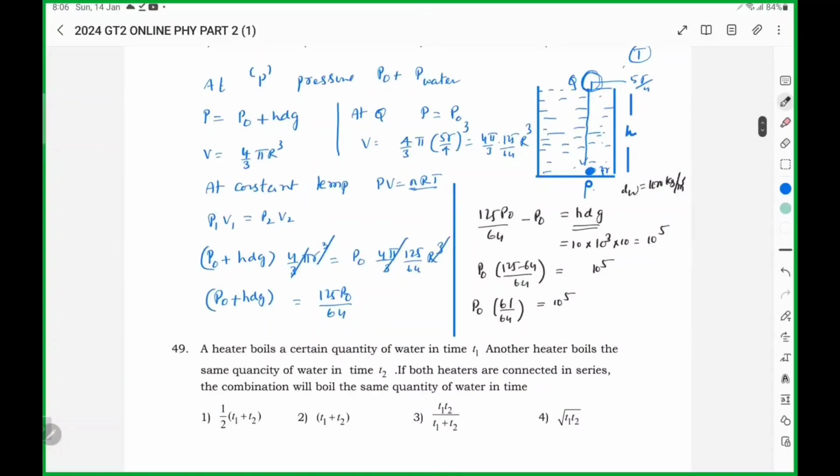So P naught will be 10 power 5 into 64 by 61.